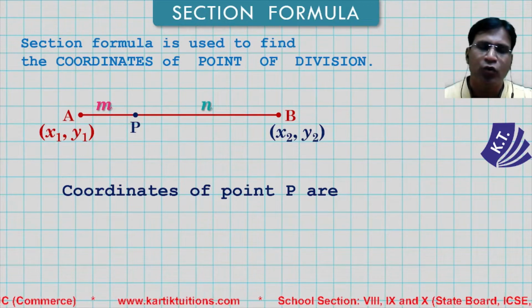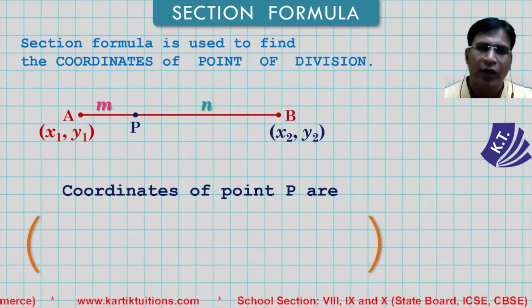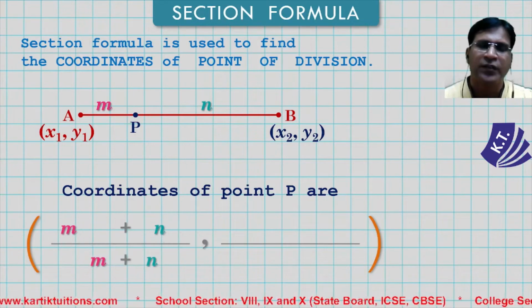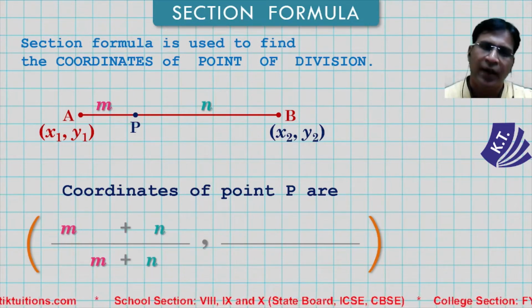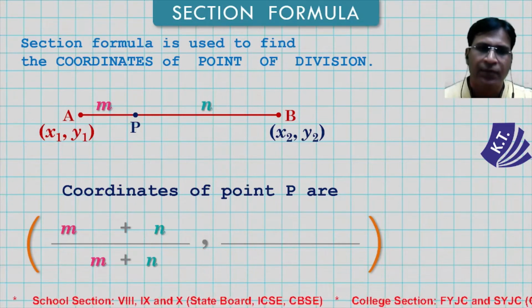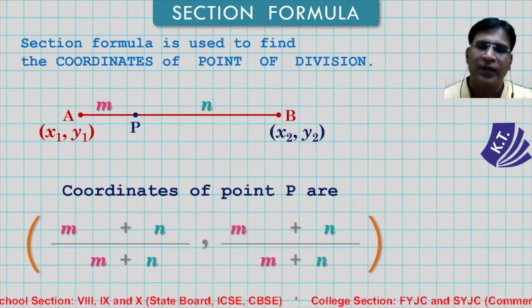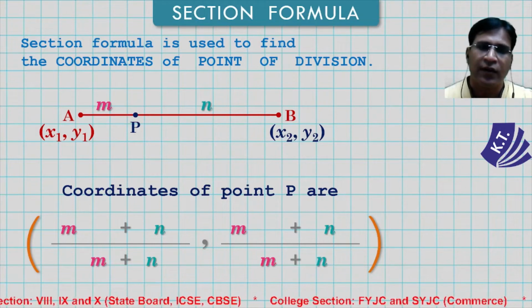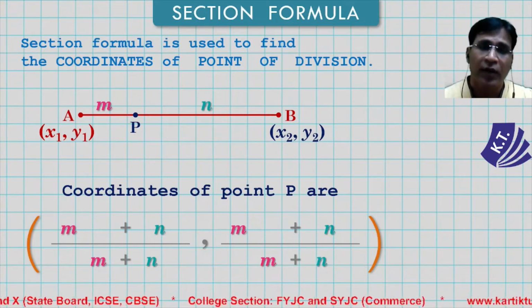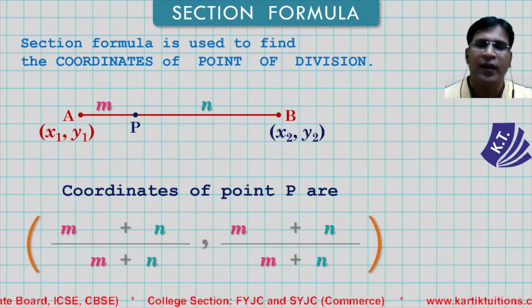As the ratio is m:n, for the x and y coordinate we just write n, leave some space, plus n upon m plus n. Same way for y also, n, leave some space, plus n upon m plus n. Now if you recollect, in distance formula we used to write x2 minus x1. So in this also, first we'll take the help of x2.